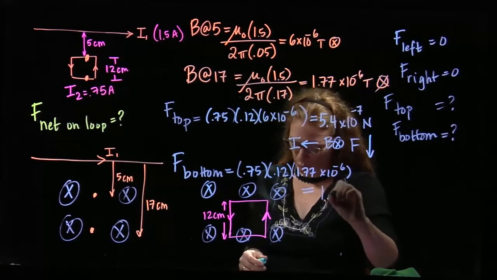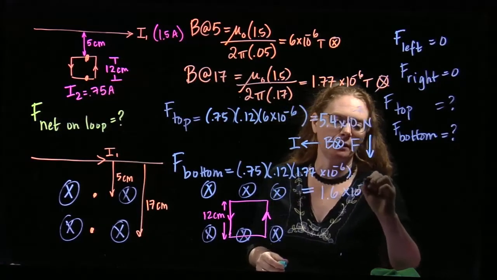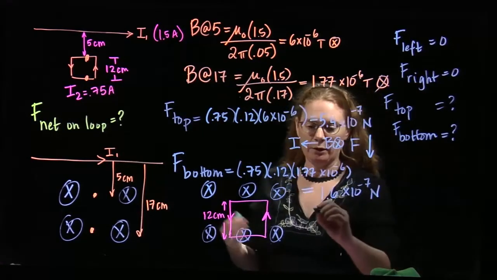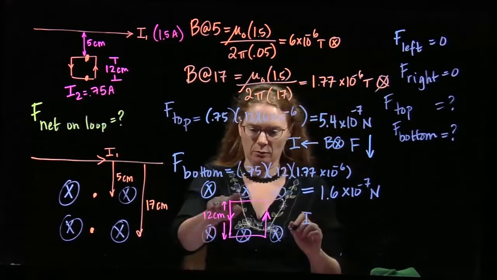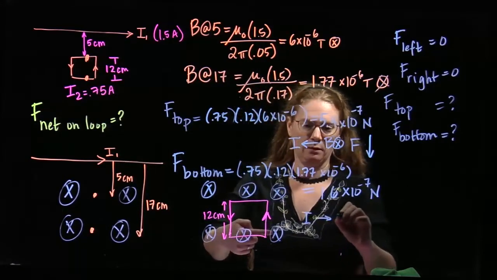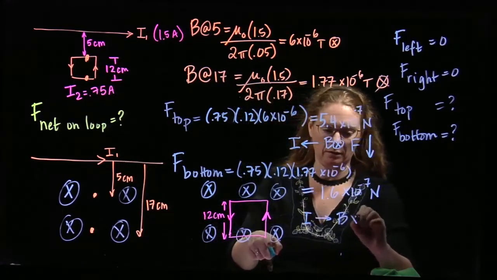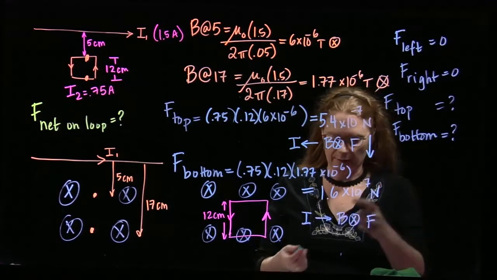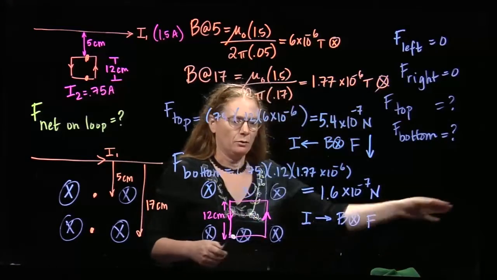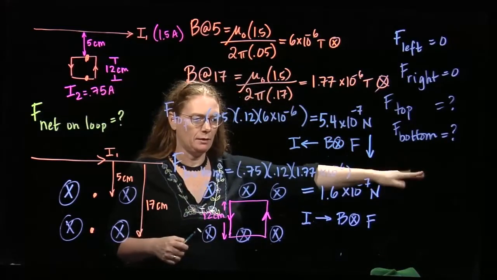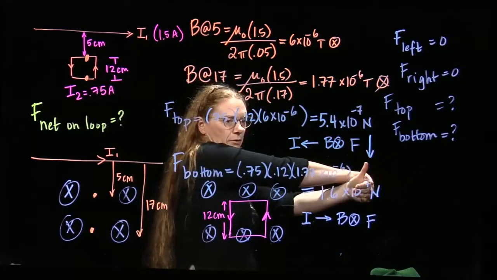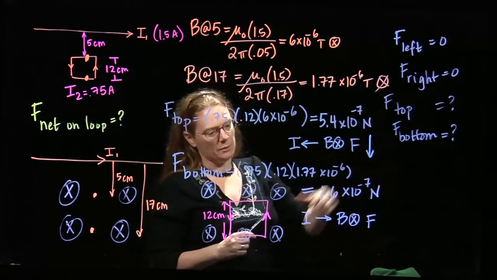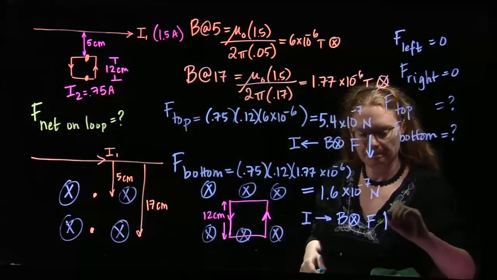We get 1.6 times 10 to the minus 7 newtons. What direction? Well, now the current is going to the right. The B field is still into the page. So the direction of the force, well, it's going to be opposite this, but let's just do it. Current going to the right, flat hand to the right, and then we curl our fingers to B. Thumb is pointing up, force is pointing up.